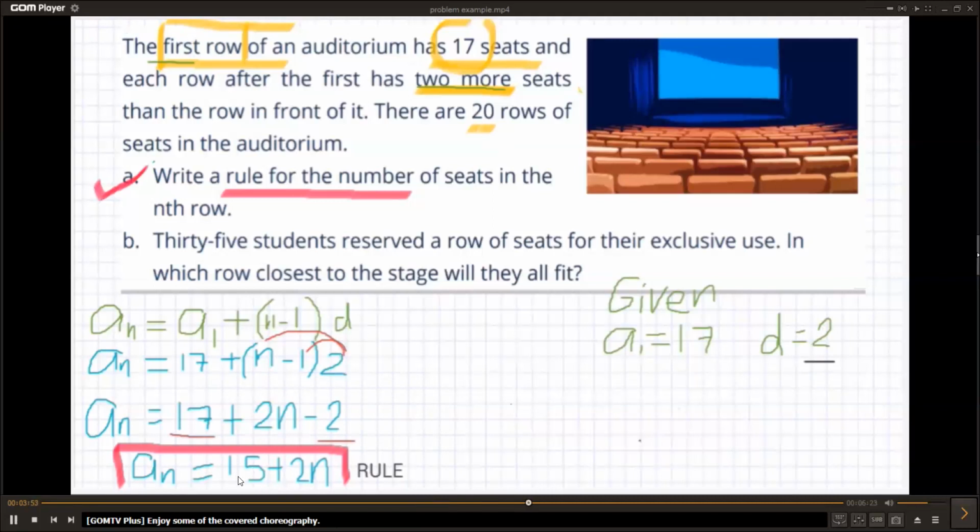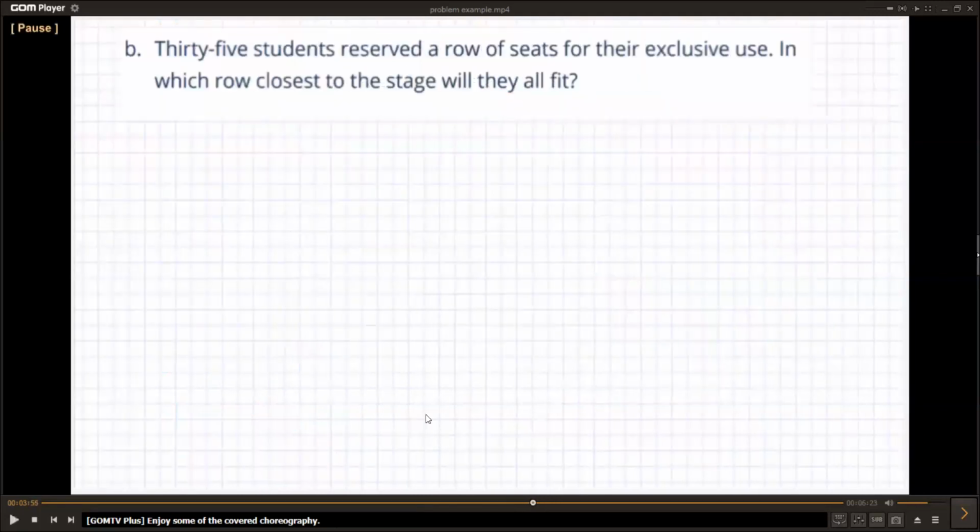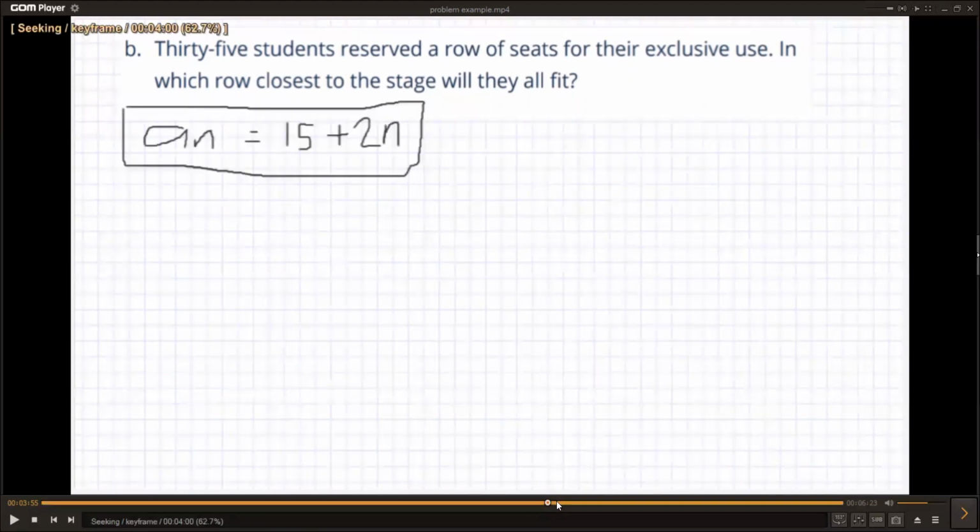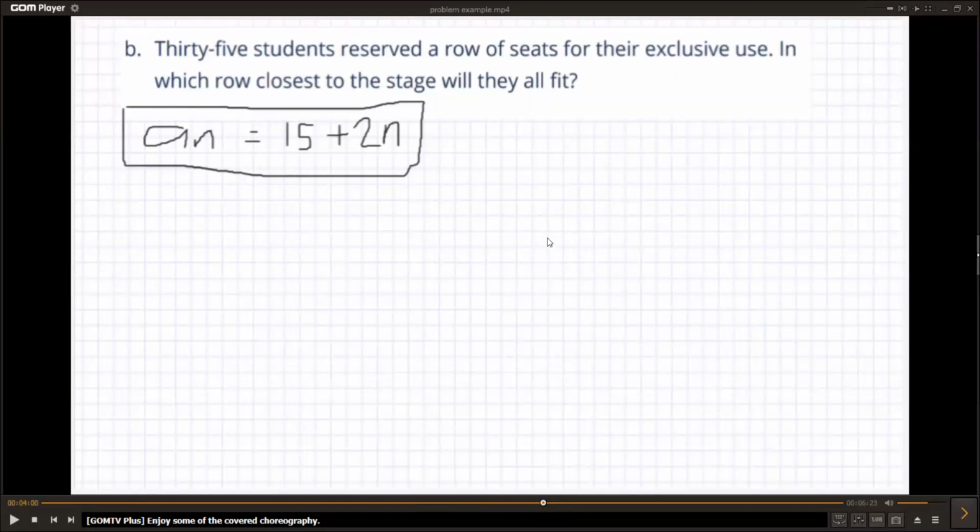Okay, so now let's proceed to the second problem, or the letter B problem, which is: 35 students reserved a row of seats for their exclusive use. So there are 35 students who just wanted to sit in one row. The problem is, in which row closest to the stage will all 35 students fit?